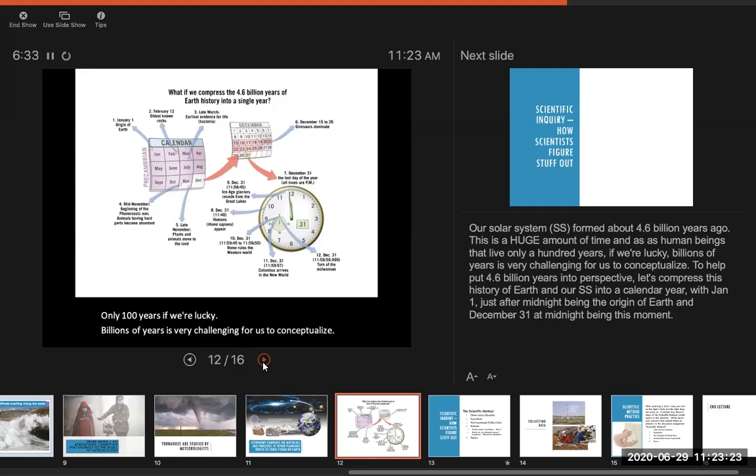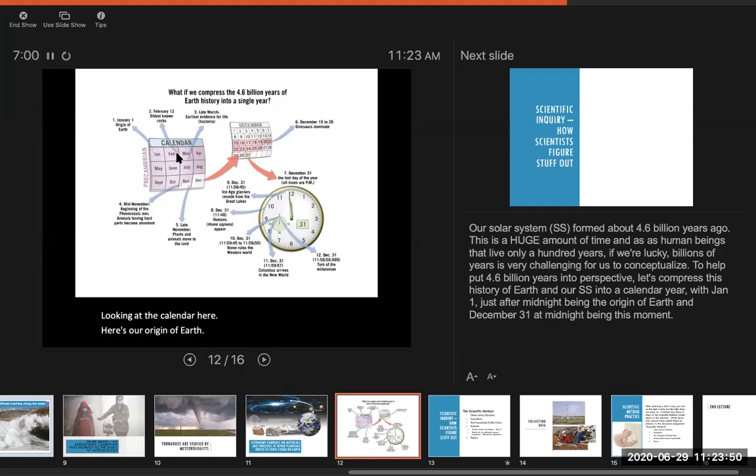To help put 4.6 billion years into perspective, let's compress this history of Earth and our solar system into a calendar year, with January 1st, just after midnight, being the origin of Earth, and December 31st at midnight being this moment. Looking at the calendar here, here's our origin of Earth.